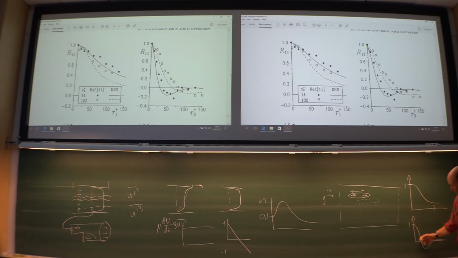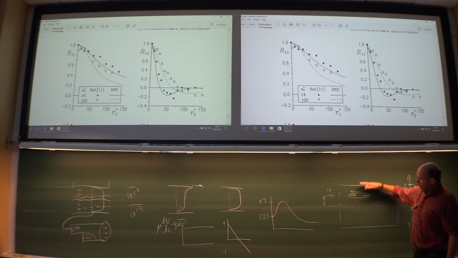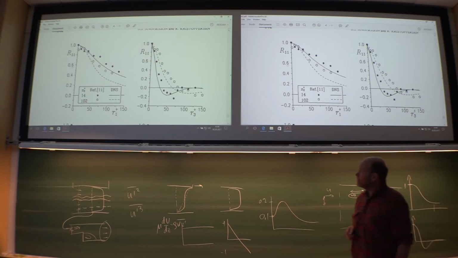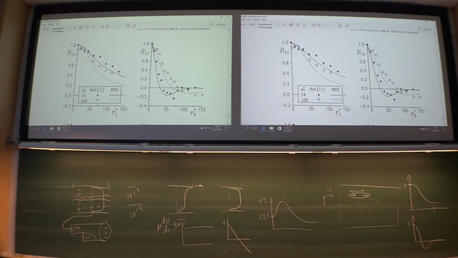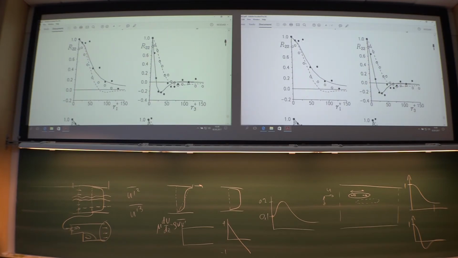For the cross-stream direction here, it's still the streamwise velocities, but now how do they correlate in this direction? See, they go negative quite rapidly. So here, the experimentalists did a decent job, I would say, because it's not easy to measure several points at the same time.